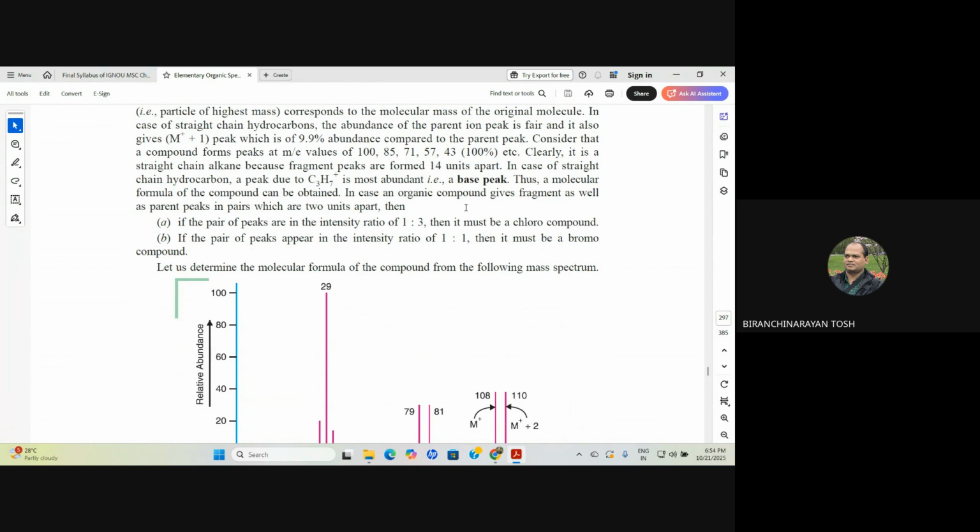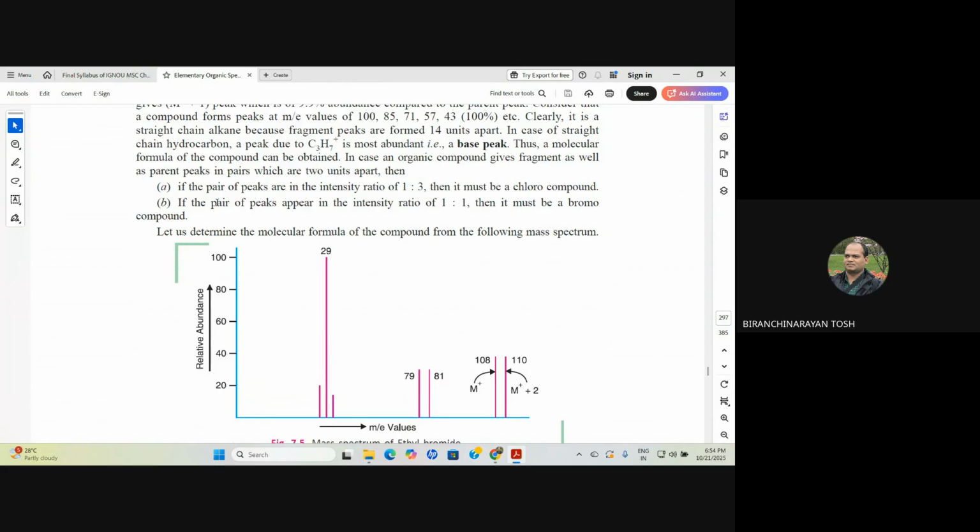Some organic compounds give fragment as well as parent peaks in pairs which are 2 units apart. If the pair of peaks has intensity ratio 1 is to 3, as already discussed, then it is a chloro compound. If it is 1 is to 1, then it is a bromo compound.